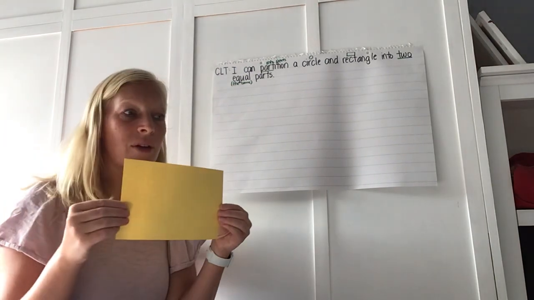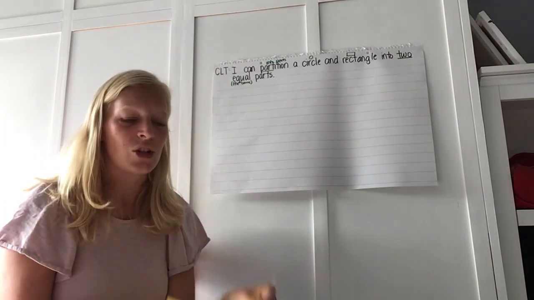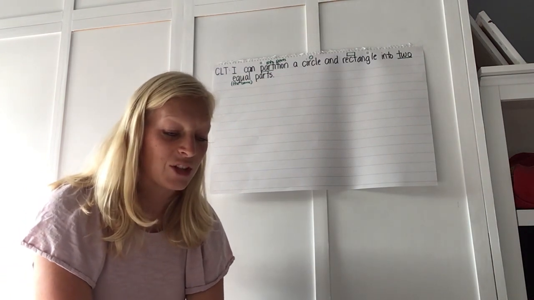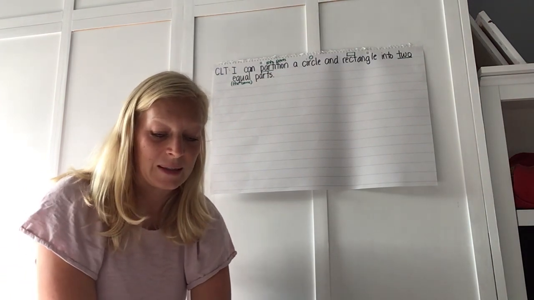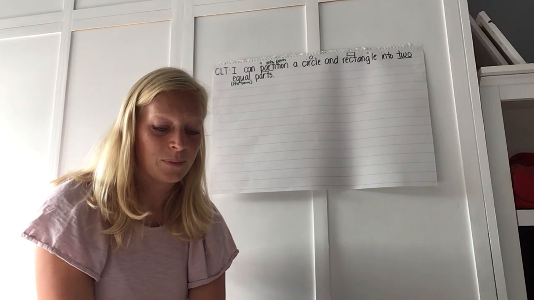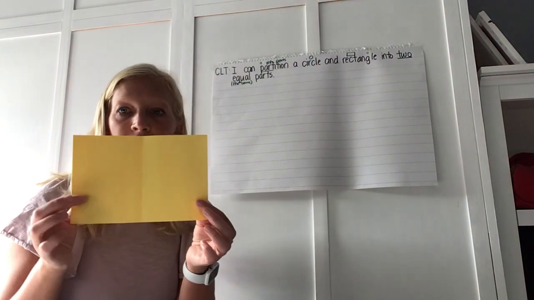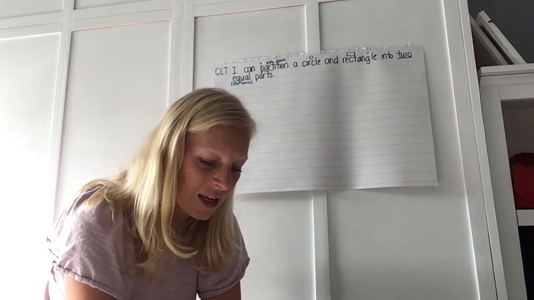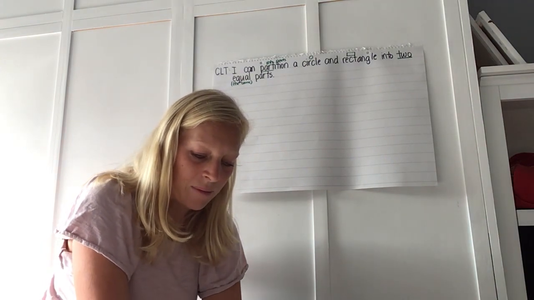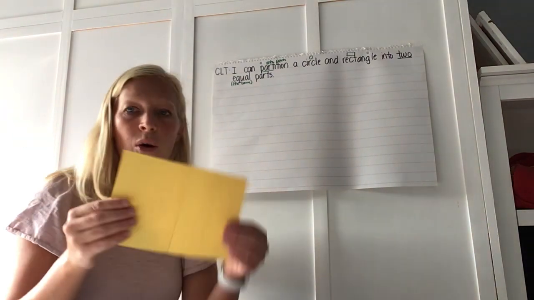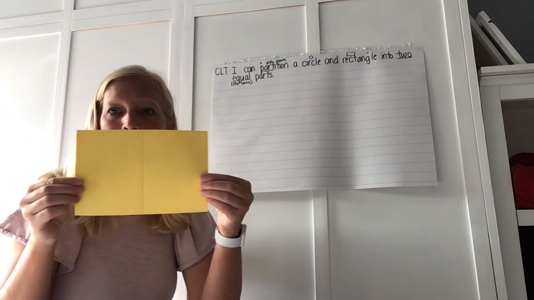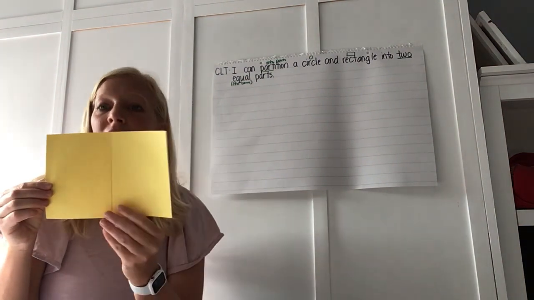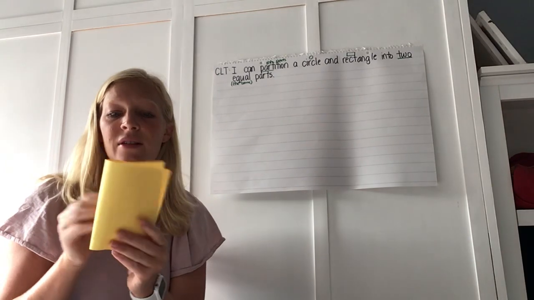Now I'm going to do something wild and crazy, and I'm going to show you, and I'm going to ask you again what you notice. Now what do you notice? And I can even draw a line on there to help you see where that is. What do you notice now? It's in smaller rectangles, okay?